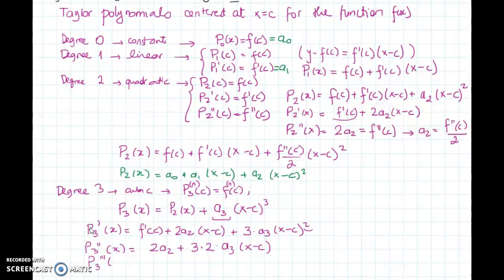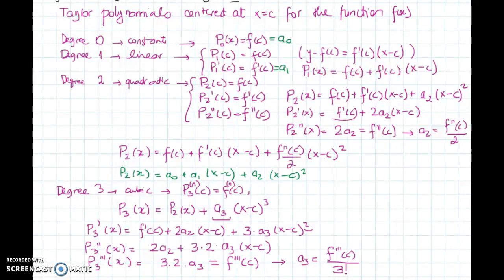Now is the interesting one. The constant is gone, so we are going to have 3 times 2 times A3. We want this value to be the third derivative of the function evaluated at c, which means the constant A3 we were missing is the third derivative of the function at c divided, this time, by 3 times 2, but notice this is 3 factorial.